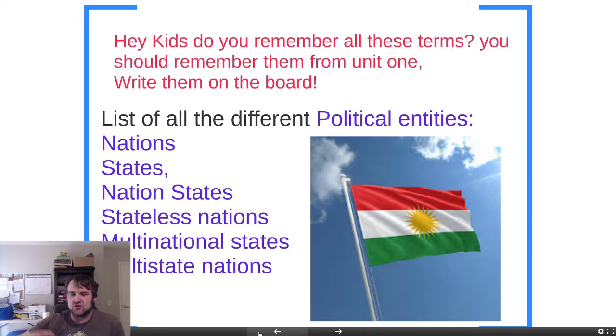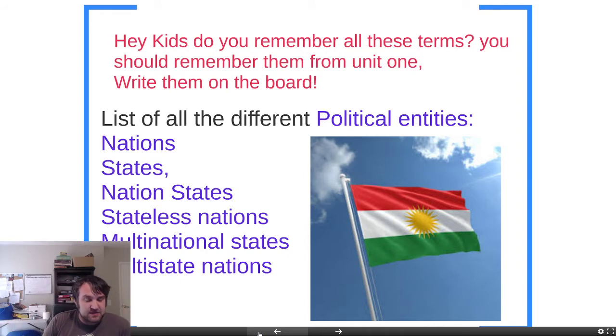These are countries where almost everybody is the same ethnic group. We're talking about Japan, Iceland, Sweden, Finland, Norway, Iran. I'm going to argue Israel is a nation state because it's the land for the Jews. So if there is one country that has one group, they are a nation state.